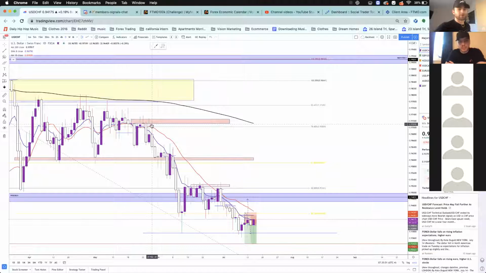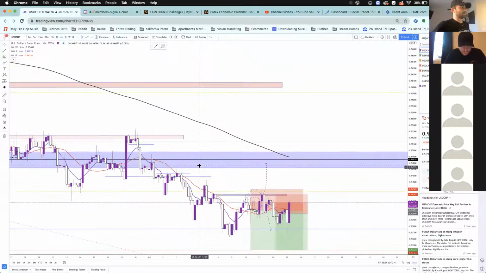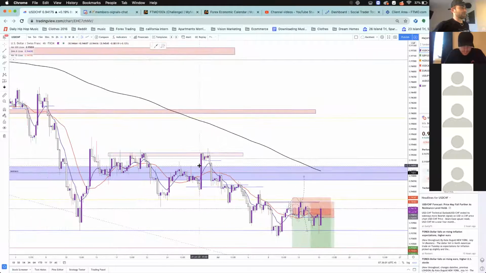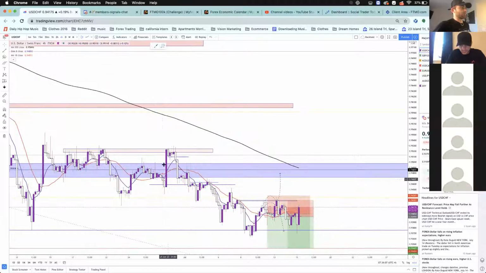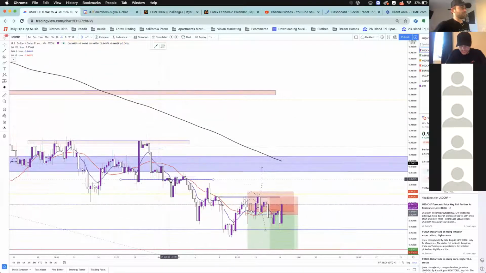In the daily time frame, clear downtrend, clearly red over blue moving averages. I'm just trying to get down to a time frame where we can see some structure fairly clearly. On this 4-hour time frame is really where I'm looking at structure, and I'm looking at it right from this zone. Pretty much as soon as this broke, we were in a downtrend.